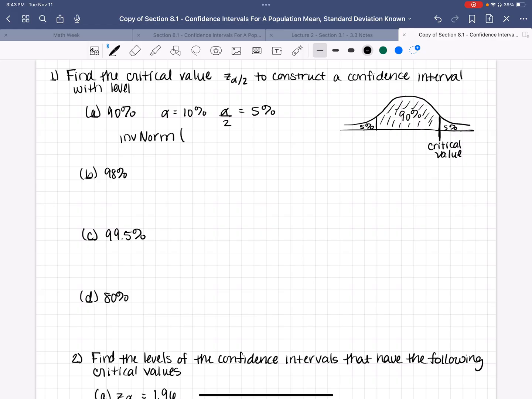Okay, so guys, you got to know what to put in the inverse norm. It's not going to be 90%. That chunk in the middle is 90%. So when we use our inverse norm function, if we're looking for this critical value right here, what are we talking about? We're talking about the 5% up through that chunk of 90%.